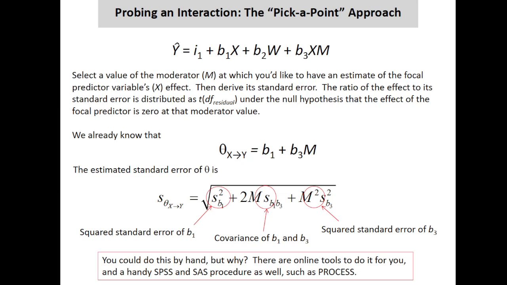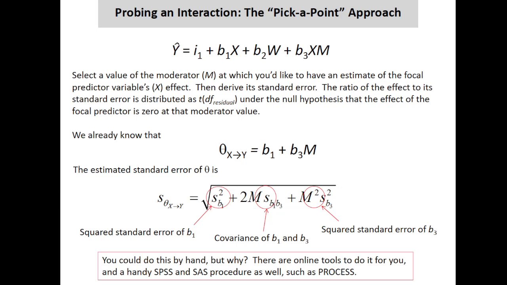You'd have to ask for that and then know where to find it. And with any luck, you're plugging in the right things in the right locations, and you get a number that is almost certainly going to be wrong anyway, because rounding error is going to creep in there. You're doing these to 2 or 3 decimal places probably. And that can be significant when you start squaring small numbers and taking square roots.